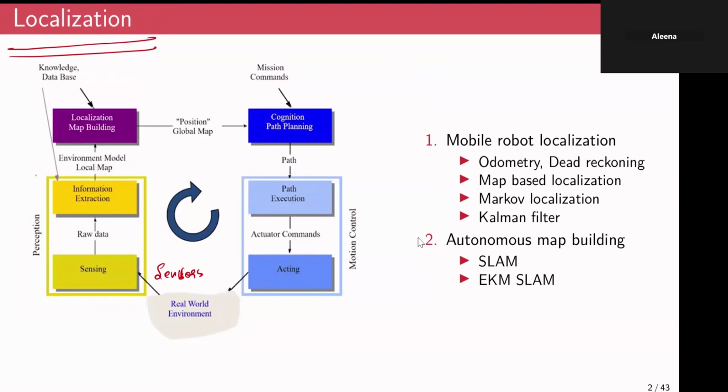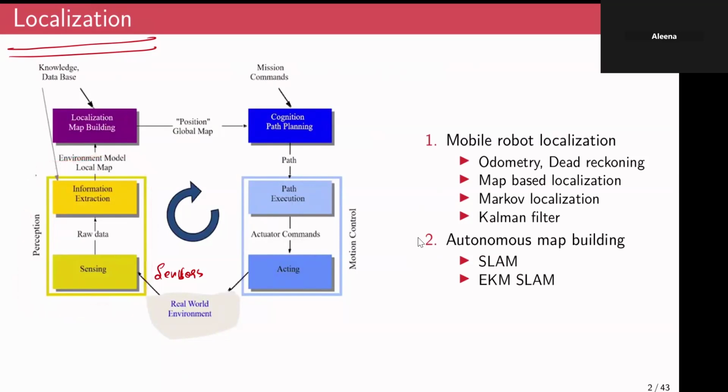If you want to see if there are any obstacles near our robot, or things that could be of interest, we could use the robot's cameras, the lidar sensors, or even proximity sensors. So that part was perception.